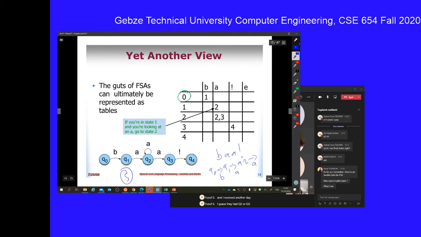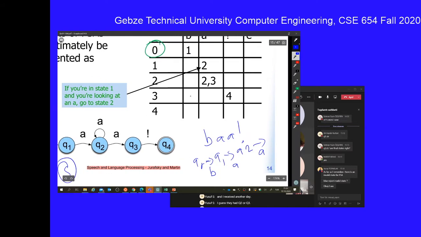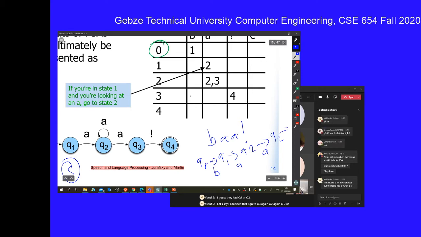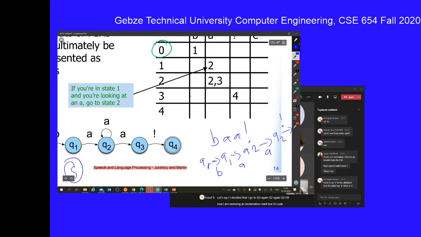Let's say I decided that I go to Q3 again, Q2 again, Q2. Now I am receiving an exclamation mark, but that Q2 exclamation mark doesn't make any sense. Does that mean that I am rejecting this according to the algorithm that I showed you?